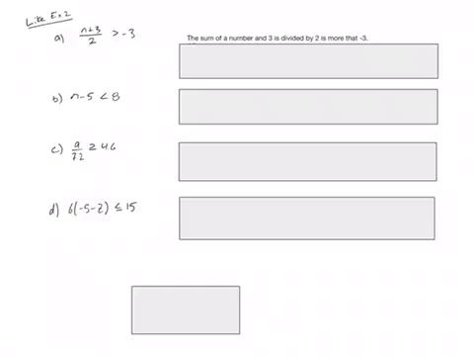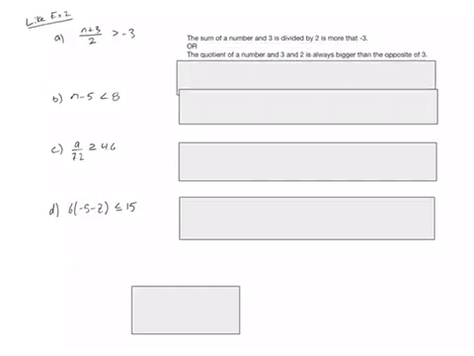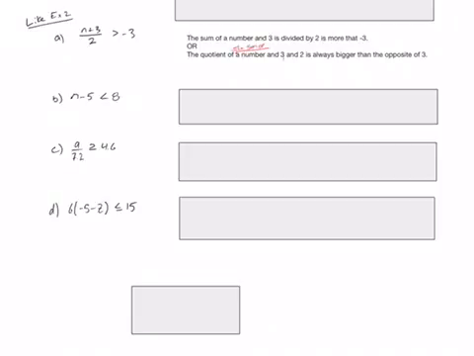Another way to say that would be the quotient of the sum of a number and 3, and 2, is always bigger than the opposite of 3. There we go.